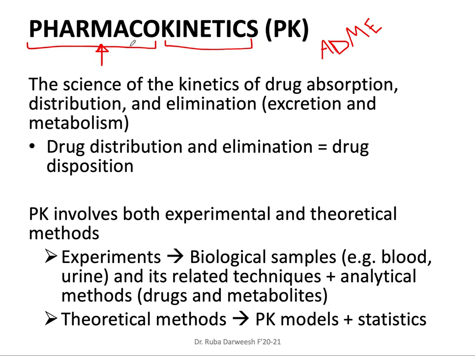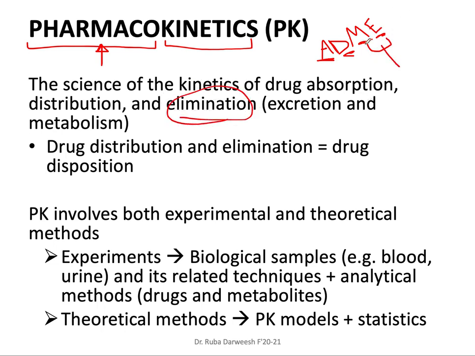Okay, so the science, because it's the main process that is happening for the drug in the body. The main things that we study in pharmacokinetic science are absorption, distribution, metabolism, and excretion. When we are talking about metabolism and excretion, we are talking about what we call the elimination process.